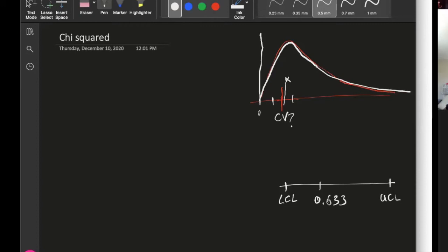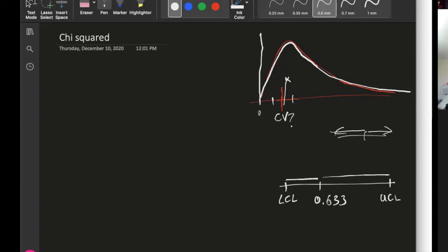So it is skewed to the right, okay? Which means that the distance from my lower confidence level to my point estimate will not be the same as the distance from my upper confidence level to my point estimate. They're going to be different. Before, with the z-score and t-score, it was always the same distance. You would go, I don't know, 2 standard deviations to the left and then 2 standard deviations to the right, and it would work. But here it is not the same thing.